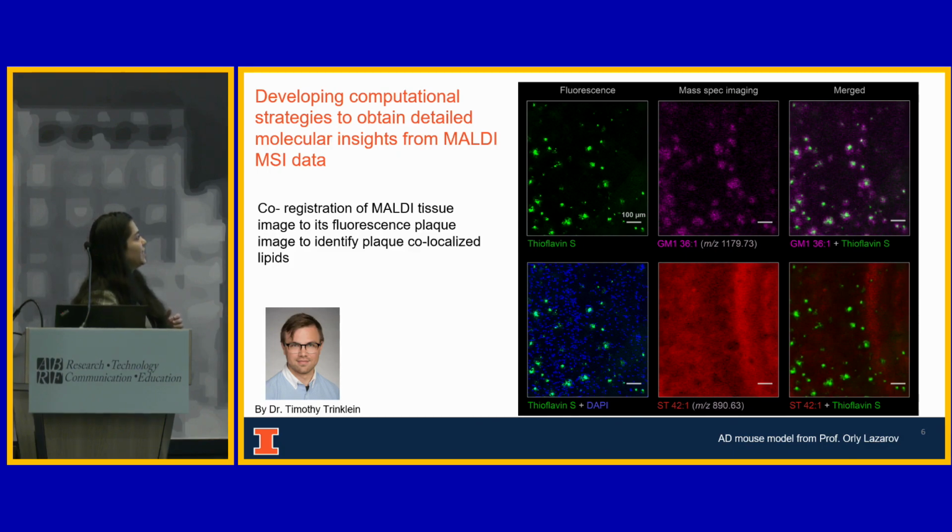What you're seeing here are lipids that are aggregated in the region where the plaques are formed. So now, with the two combined, we can look at the lipid distribution and how it's associated with Alzheimer's plaques.